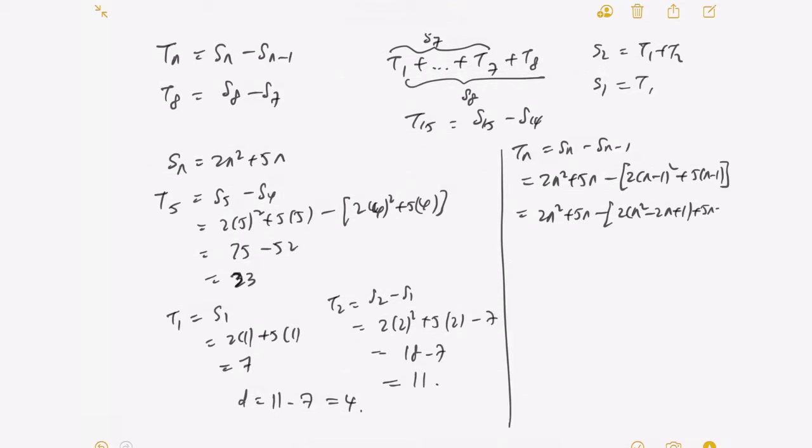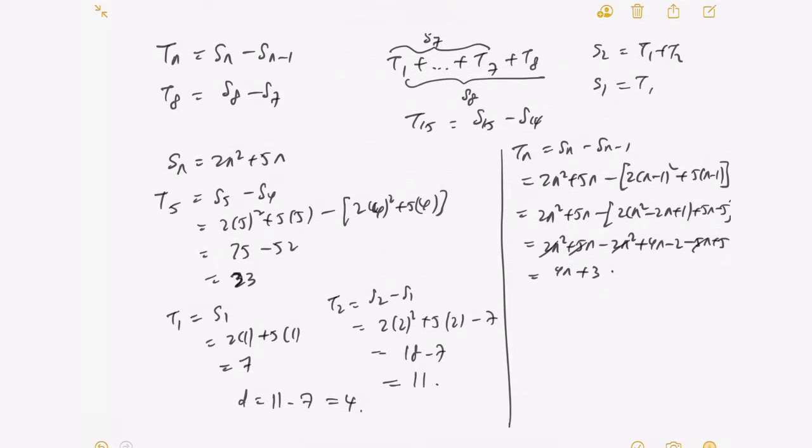This is 5n minus 5. Okay, let's simplify the bracket. 2n squared plus 5n, minus 2n squared plus 4n minus 2 minus 5n plus 5. Now we can simplify this. Cancel out. So you get 4n plus 3.